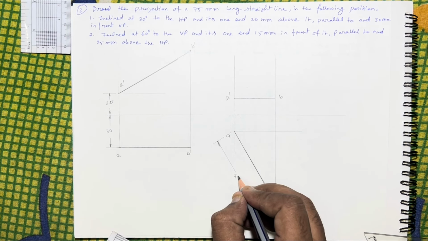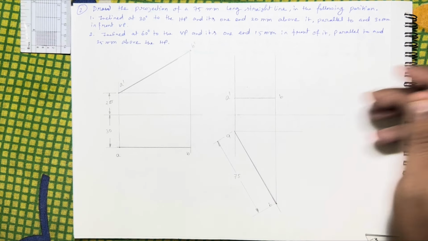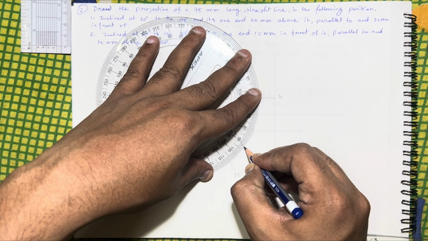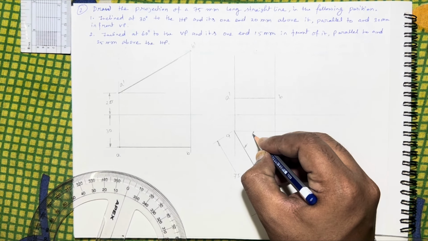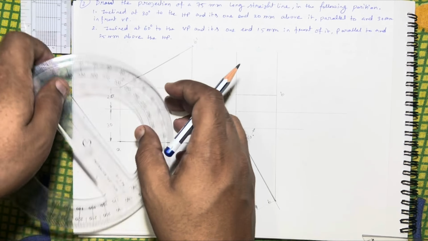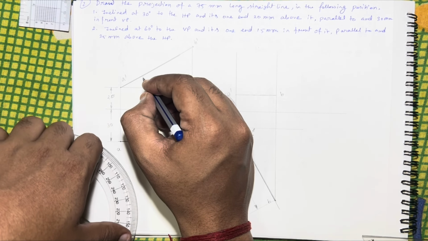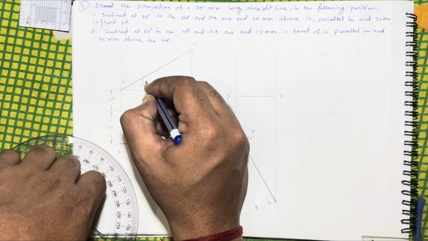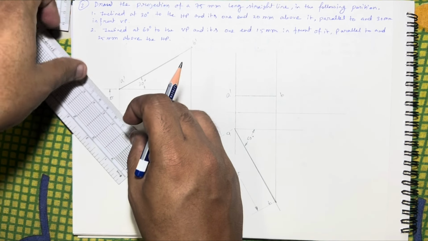This is your 75, and this angle becomes 60 degree, and this angle becomes 30 degree, and this is also 75.